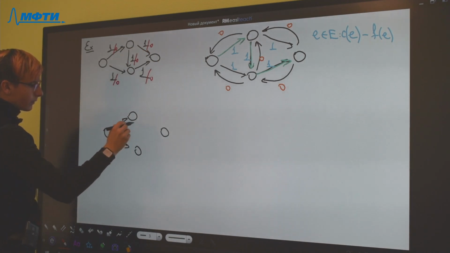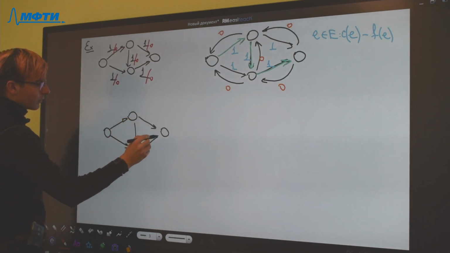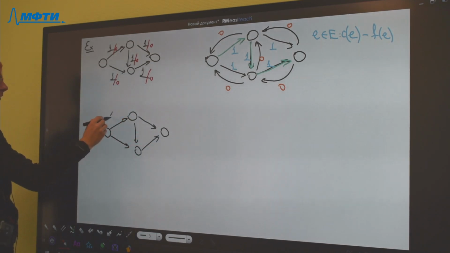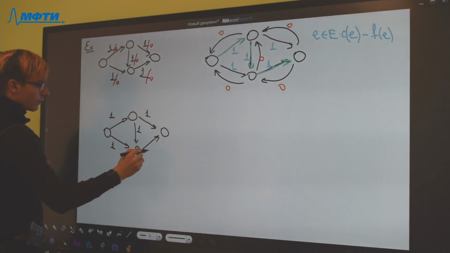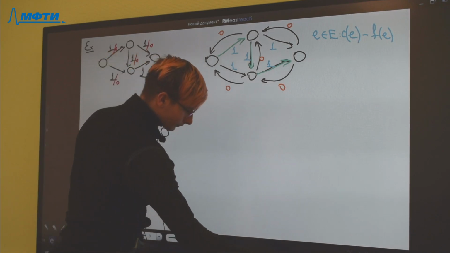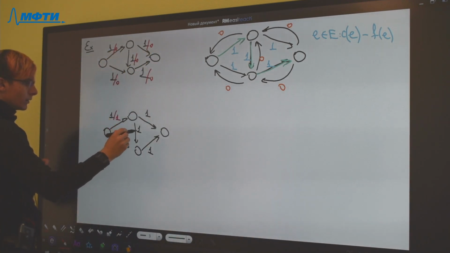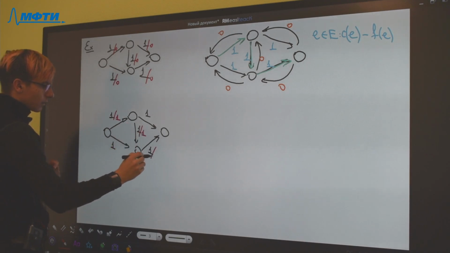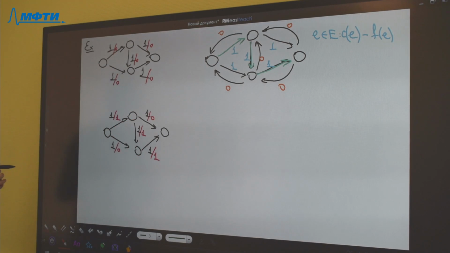We draw our graph with capacities, and we increase our flow.